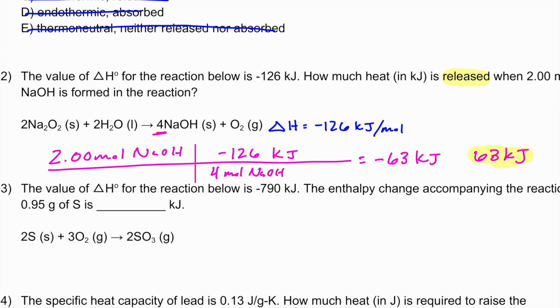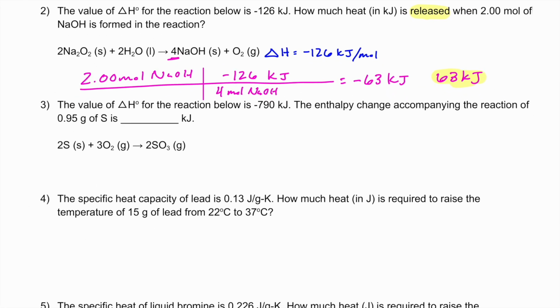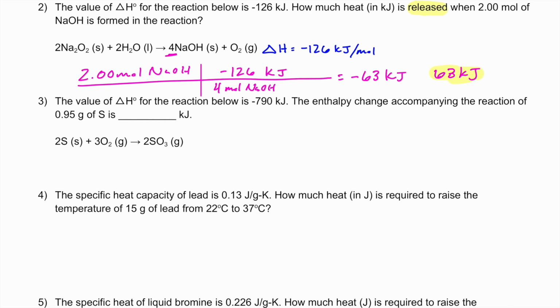Okay, so number 3, why don't we pause this video for a second after I read it, and we can try to figure this out on our own. So it says the value of change of H for the reaction below is negative 790. The enthalpy change accompanying the reaction of 0.795 grams of sulfur is blank. Okay, so first, quickly, this is saying this.